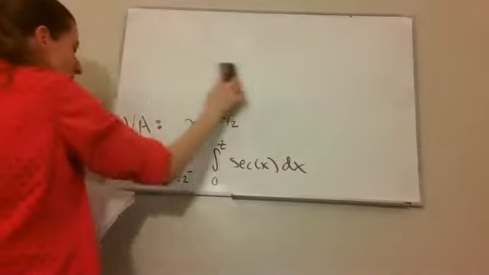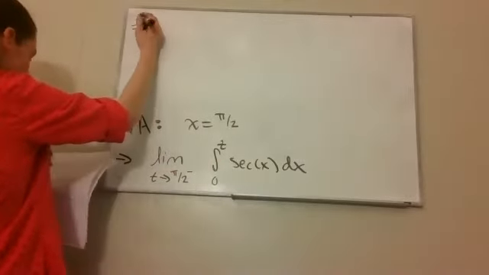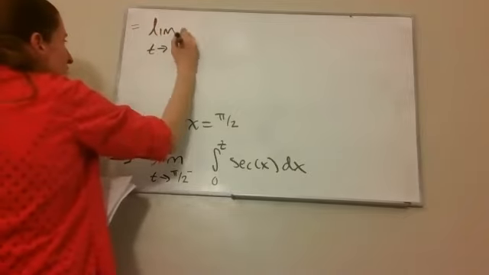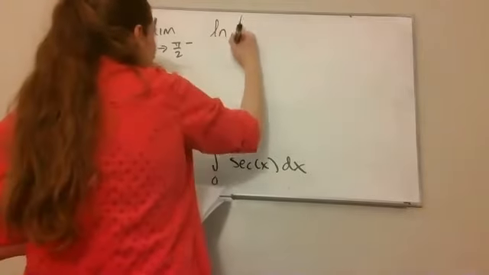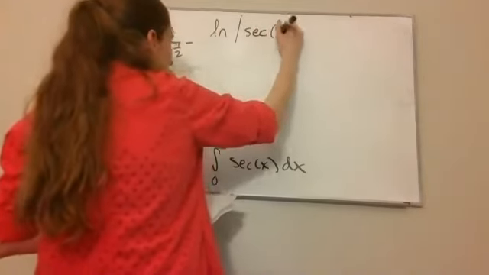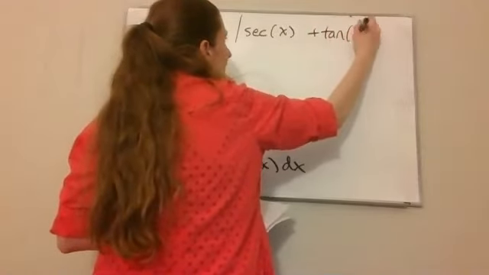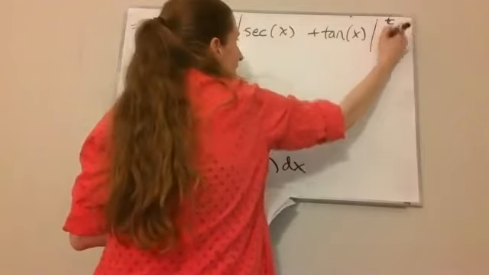The integral of secant is natural log of absolute value of secant plus tangent. So I have a limit as t approaches pi over 2 from the left side of the natural log absolute value of secant x plus tangent x, evaluated at t and at 0.